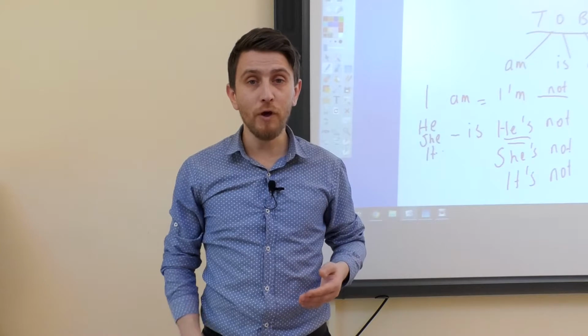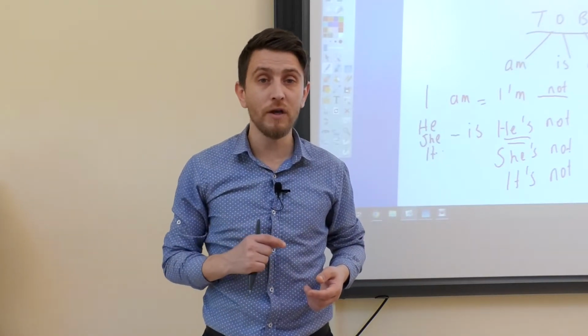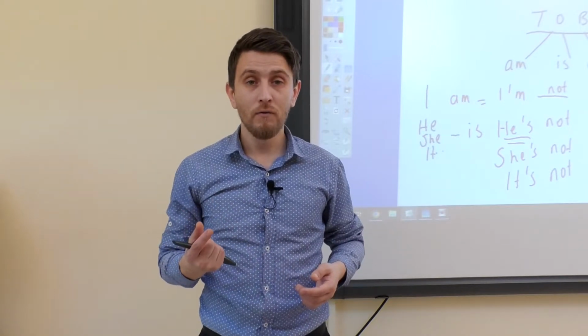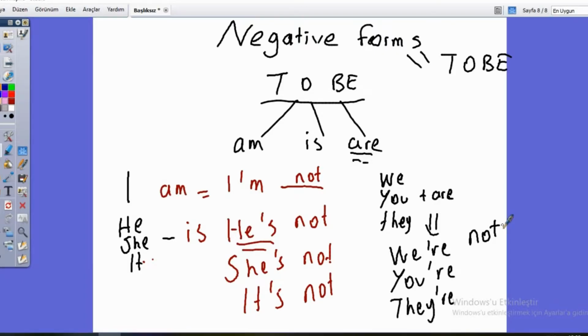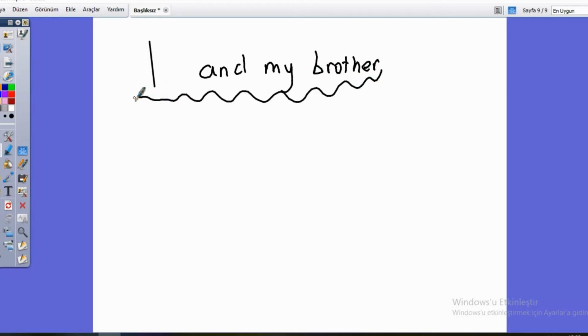So to make negative, we use am not, is not, or we can say isn't, we are not, or we can say we aren't. For example, I and my brother. We have two people here. So the subject is plural.